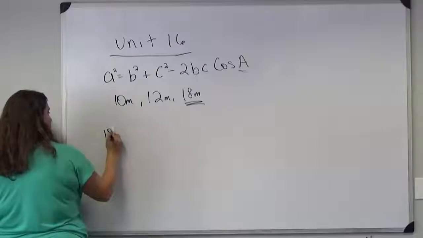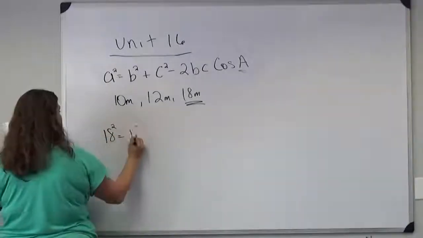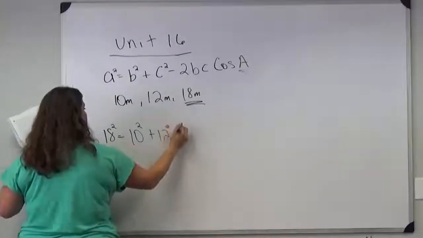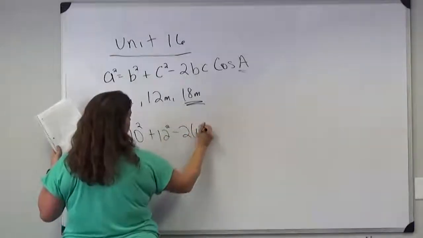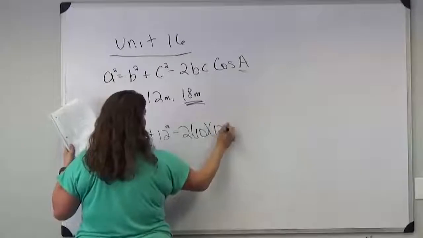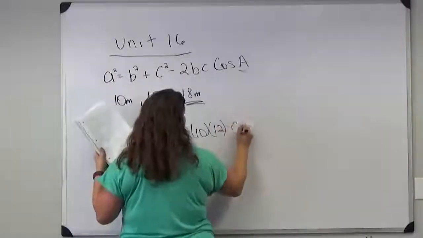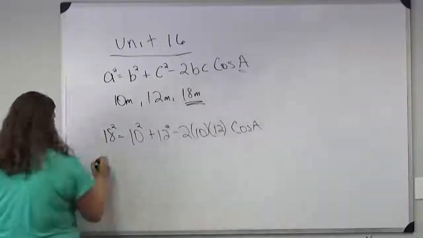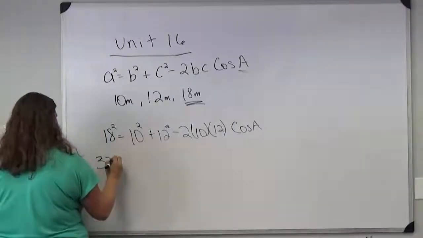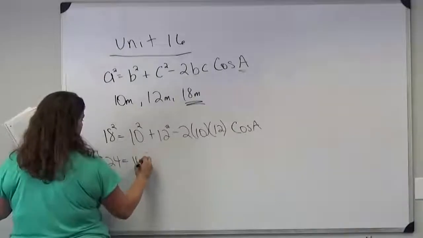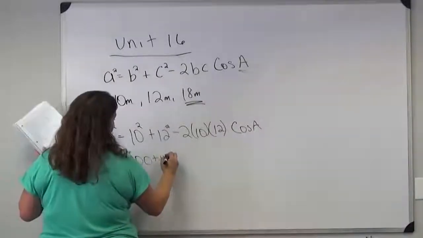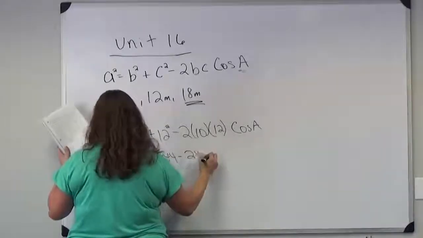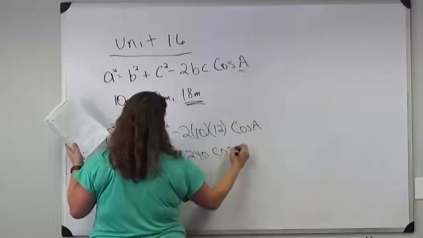So you write that as 18 squared equals 10 squared plus 12 squared minus 2 times 10 times 12 cosine of A. So 324 equals 100 plus 144 minus 240 cosine of A.